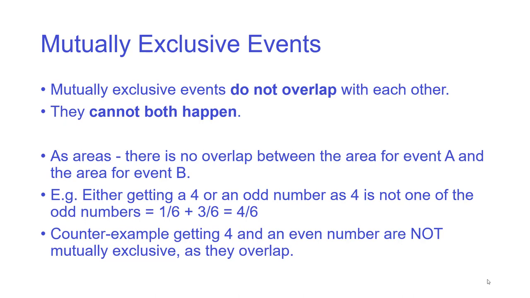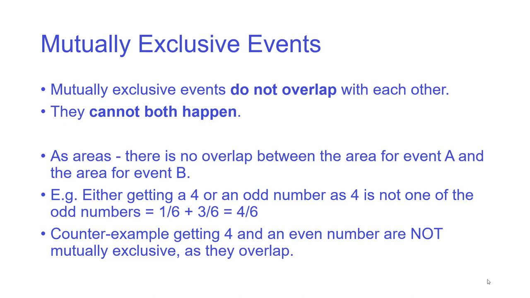Mutually exclusive events don't overlap within the Venn diagram, and they cannot both happen. Even numbers and odd numbers, they can't both happen.